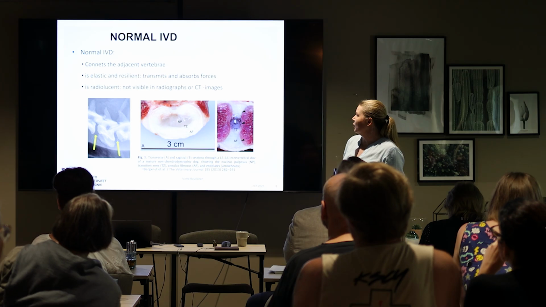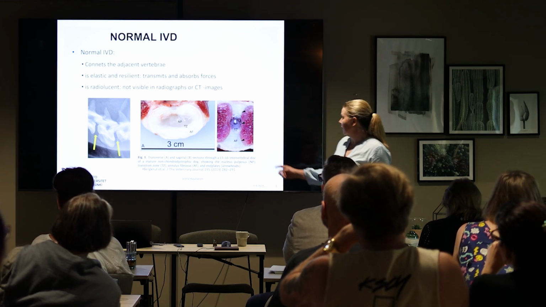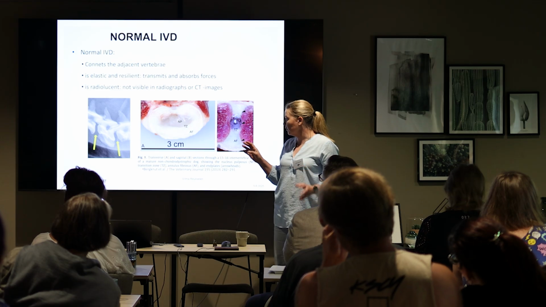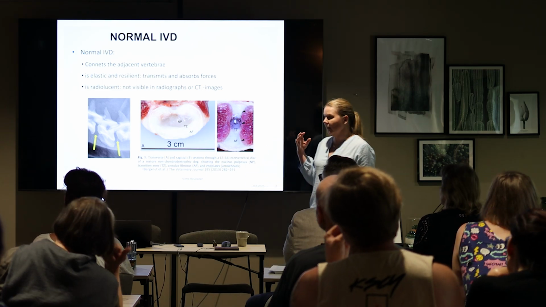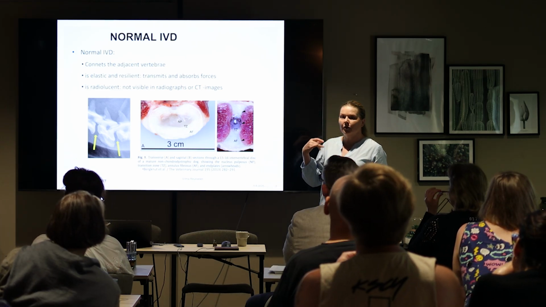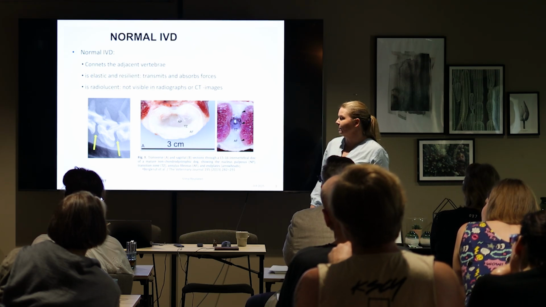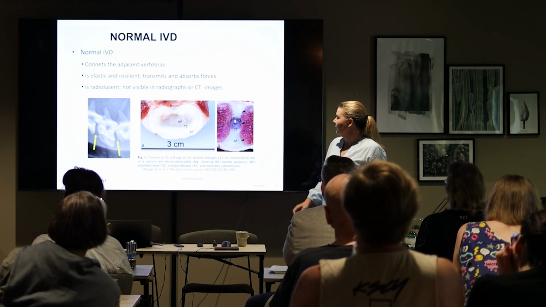So the normal intervertebral discs, as you see, are located between the vertebrae, and they begin from the second cervical vertebra, and they are also found between the tail vertebrae.